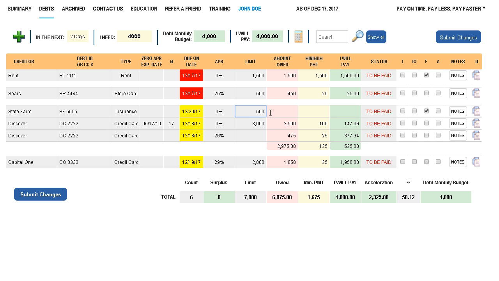So I can put, let's say 500, and I'm going to put here that we're paying 432. The minimum, you see, automatically is 400. Automatically the program entered 432 and 432 here and marked it as pay in full because it's an insurance, right?